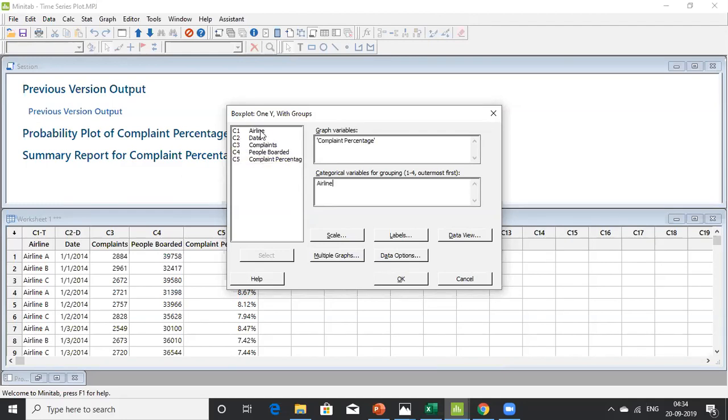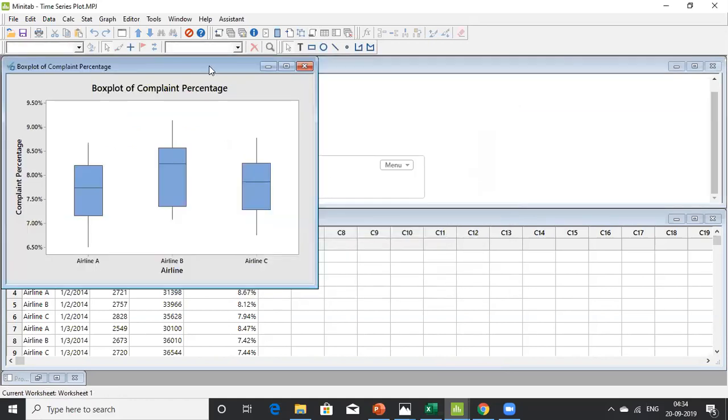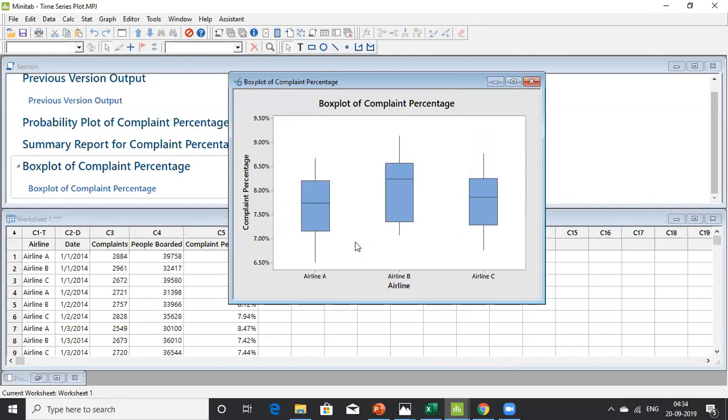This one I take the airline. Now, this is a distribution on a box plot. So the distribution would probably start from here, and it ends like this. So this is the central tendency for airline A, and you have it for airline B, and for airline C.